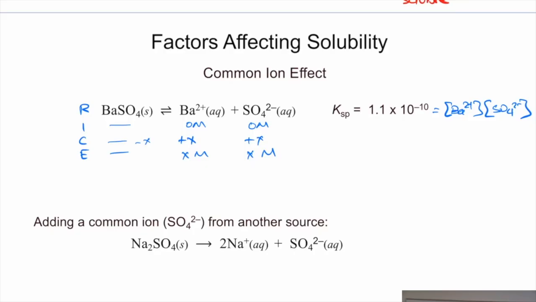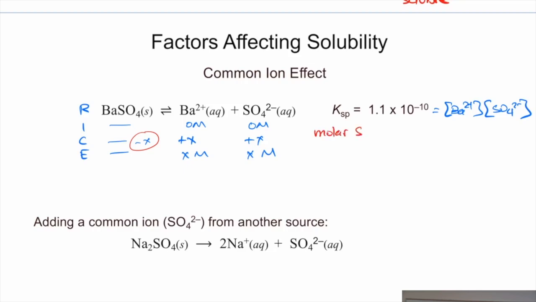So we don't expect a lot to be solubilized here. But if we wanted to figure out what the molar solubility is, just like we did before, we need to figure out what X is, right? How much of this dissociated? How much of this is soluble? You want to try to figure it out?